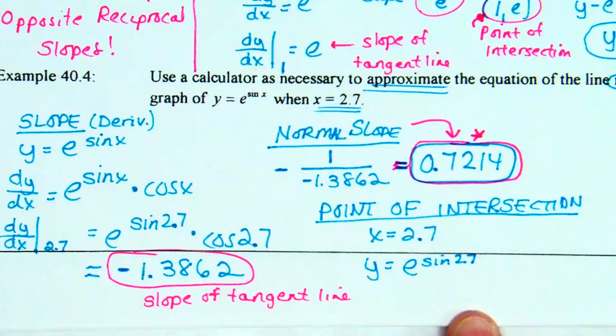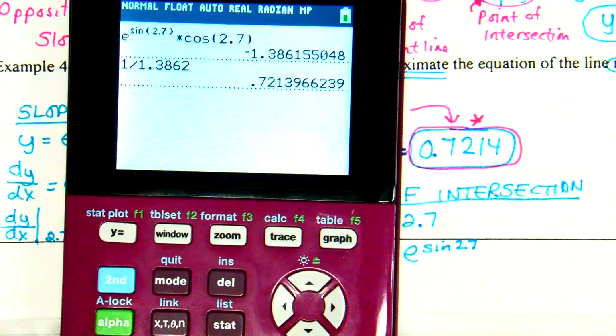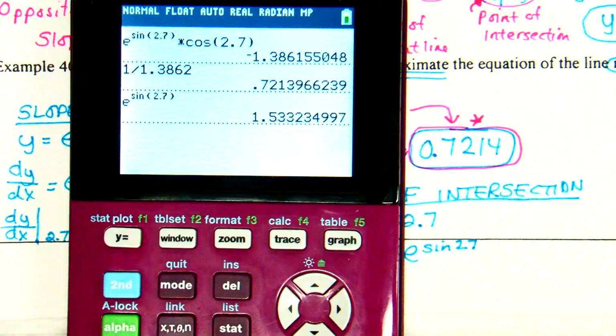How are we going to find that? E to the sine of 2.7? 1.5332. You got what? 1.5332.